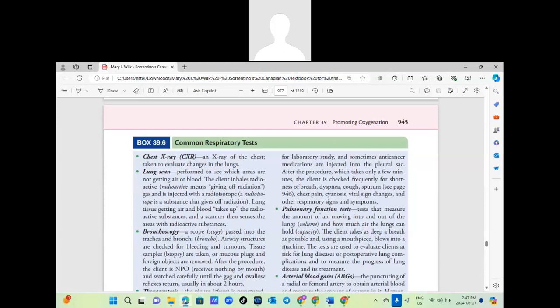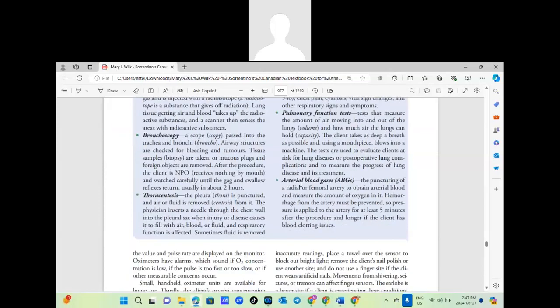The client takes a deep breath as much as possible and, using a mouthpiece, blows into the machine. The tests are used to evaluate clients' risk for lung diseases or post-operative lung complications and to measure the progress of lung disease and its treatment. So pretty much this is done by either the respiratory therapist or the pulmonary doctor.